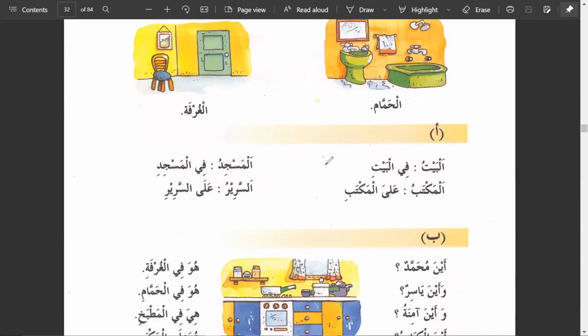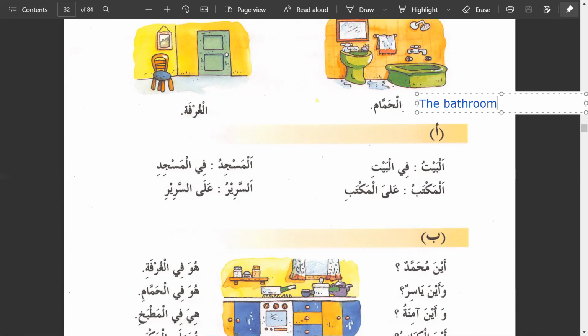Tell me, al-hammamu is what? A bathroom or the bathroom? The bathroom. So where is this coming from? From al. So al is what?